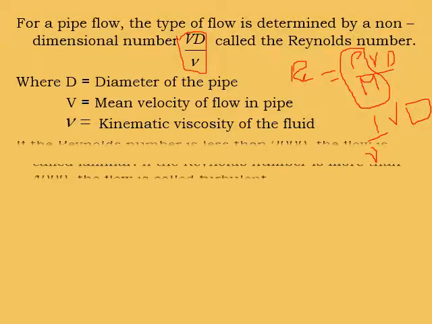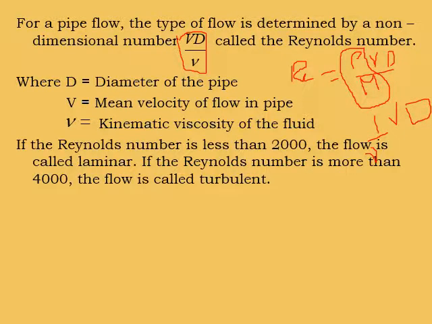In a pipe flow, after finding the value of the Reynolds number, if the Reynolds number is less than 2000, that is, after substituting the values of rho, V, d and mu, or Vd by nu, we get a value of 2000 or below, the flow is called laminar flow, where the fluid layers are moving in parallel directions.